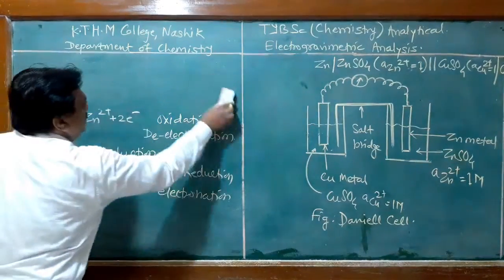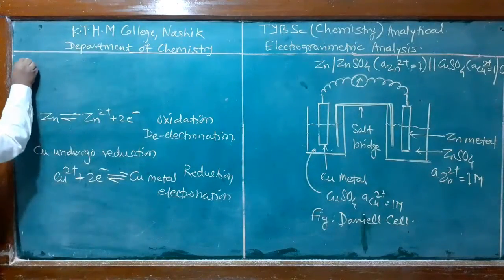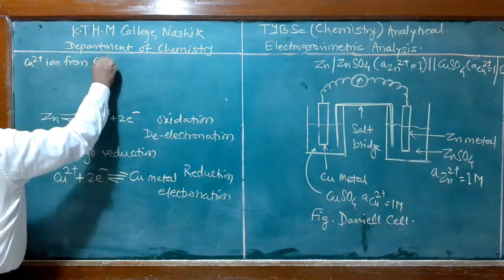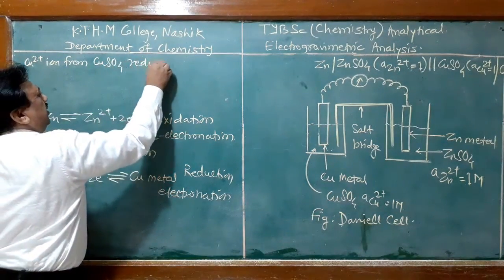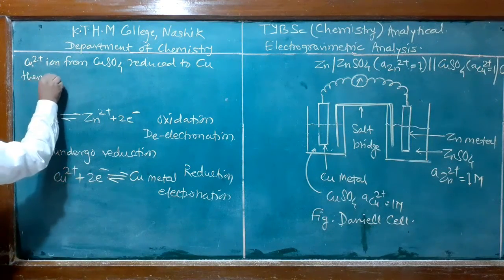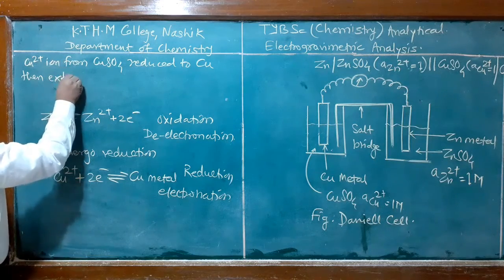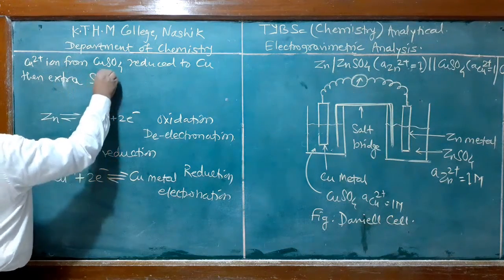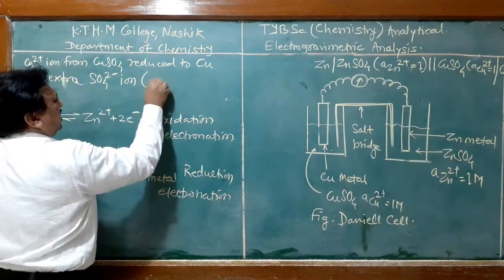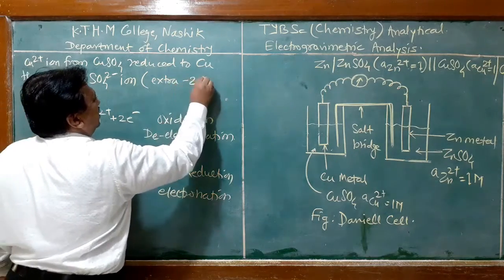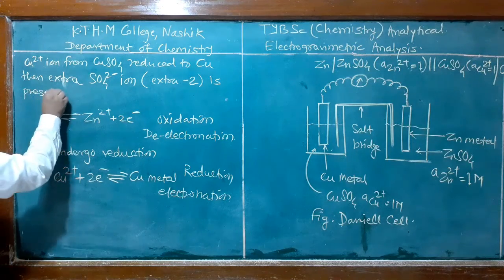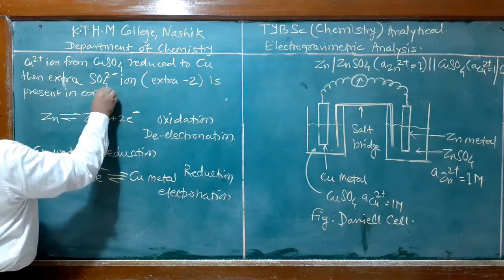When copper 2 plus ion from copper sulfate is reduced to copper, then extra sulfate ion, or an extra -2 charge, is present in the copper electrode.